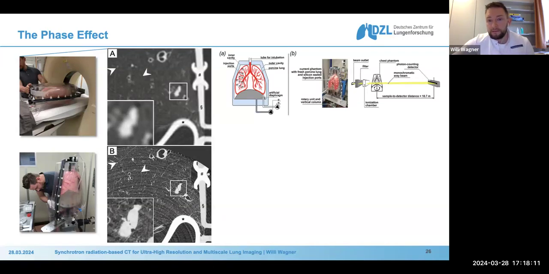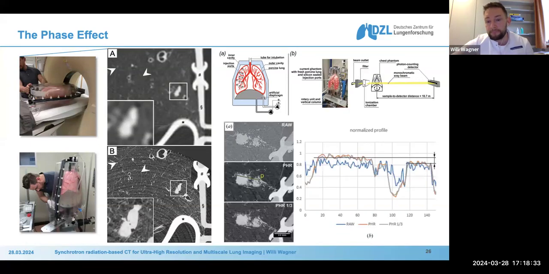Here's a little schematic of the setup that we have. So this phantom is working with negative pressure. The lung is inflated by evacuating the space around it, just how it is working in our own chest. That makes it very nice, and it's fresh lung, so you know what you're looking at.